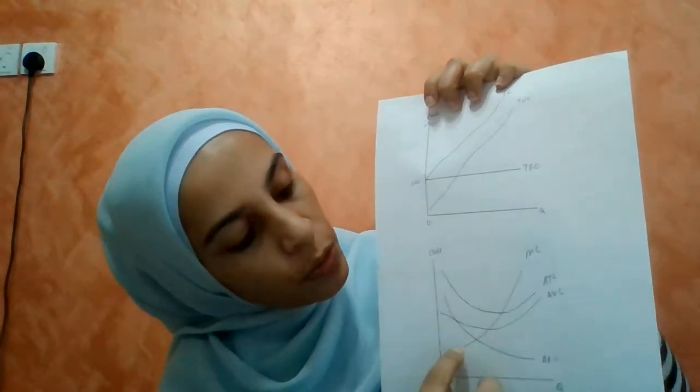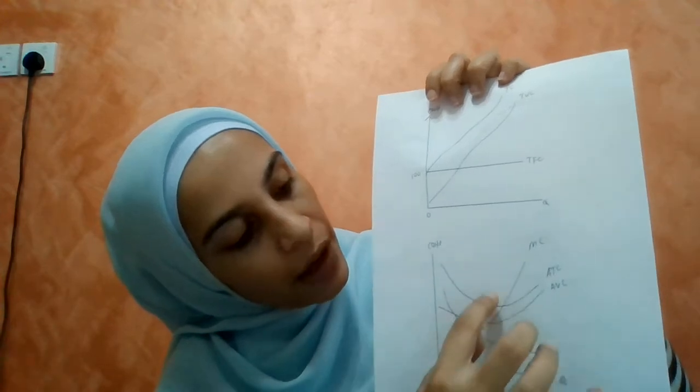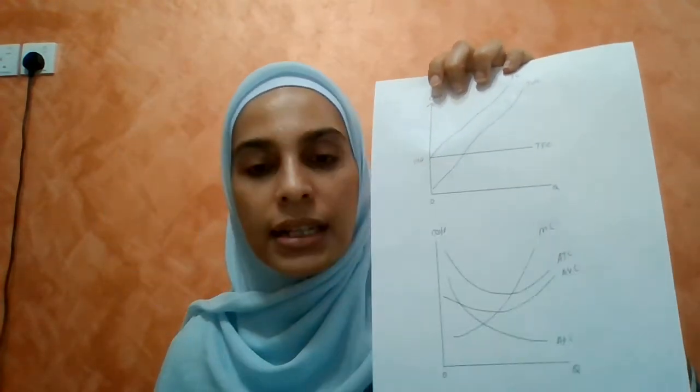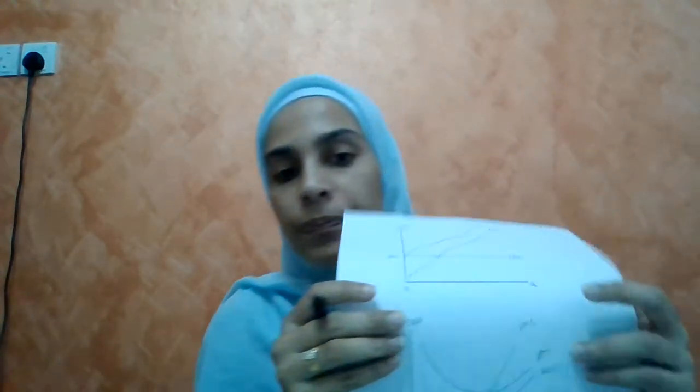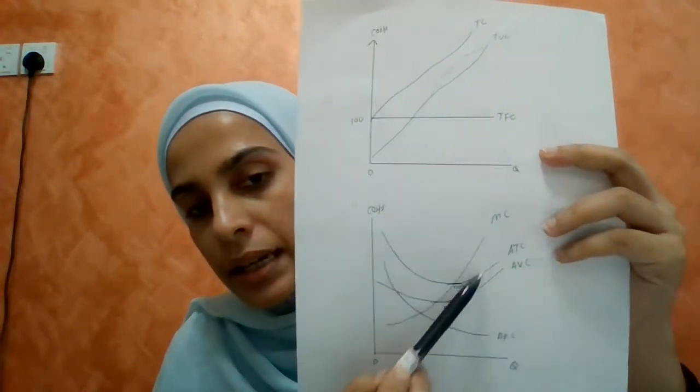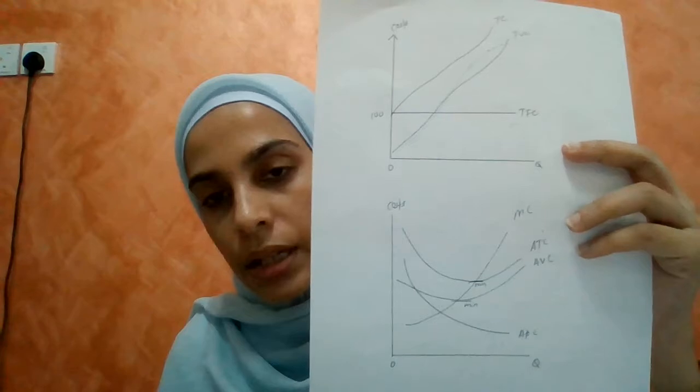Dan marginal cost pula dia akan cut kedua-dua average total cost dan average variable cost at their minimum point. So bila average total cost berada pada minimum, average variable cost berada pada minimum, dekat situlah marginal cost akan cut at both curves. Okay. Right.